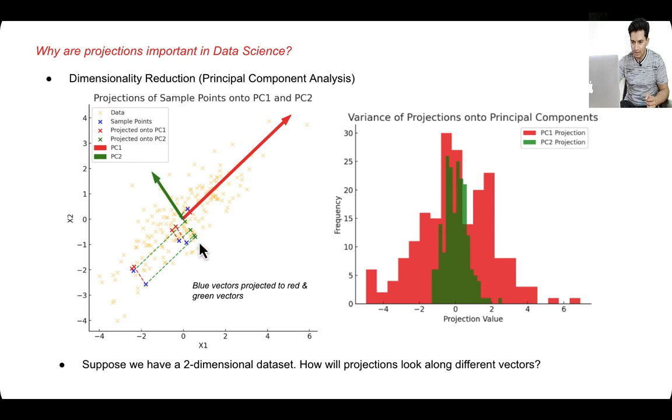While if we project on the green vector, you can see that this blue vector will project here, and this blue vector will also fall on the same point, this one, right? So you can see that only in a very small amount, like let's say from here to here, you will be able to project everything, while for the red one, the points will fall from here till here, right?